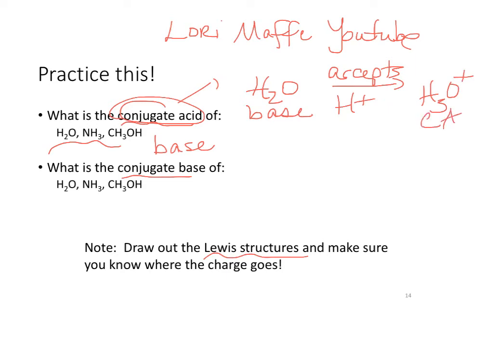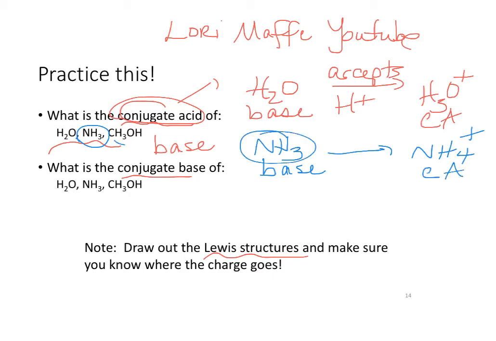I'm going to use CA from now on, okay? And NH3. When NH3 acts as a base, in other words, when it accepts a proton, it becomes NH4 plus, okay? So that's the conjugate acid of NH3. CH3OH.